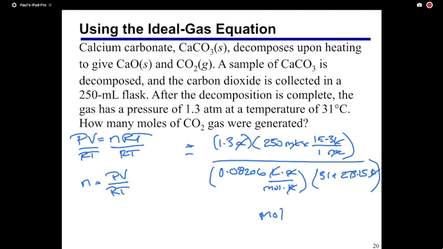I identified volume, wrong unit, pressure, correct unit, temperature, incorrect unit, and I identified that moles is what I'm looking for. I only had 3 given things, but I had R, which is a constant, which doesn't change, and so I could solve the problem. And so you have to identify each of the things that you're given and make sure they get to the proper unit in these calculations.